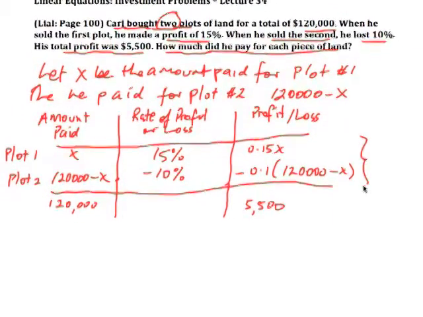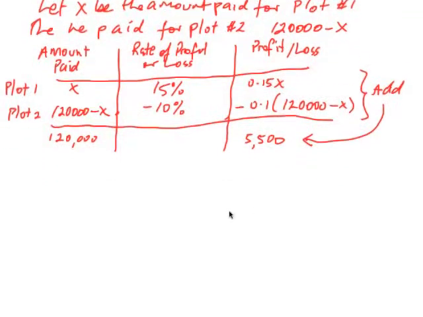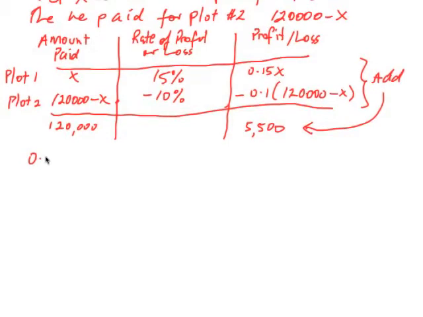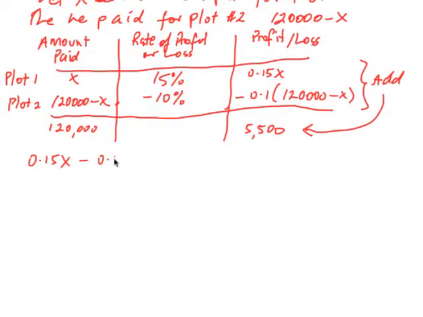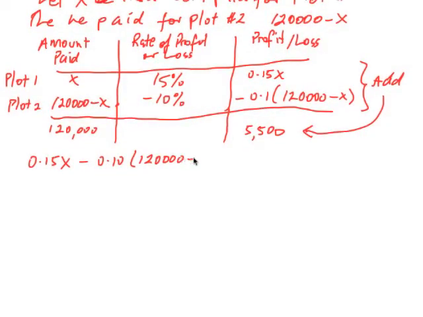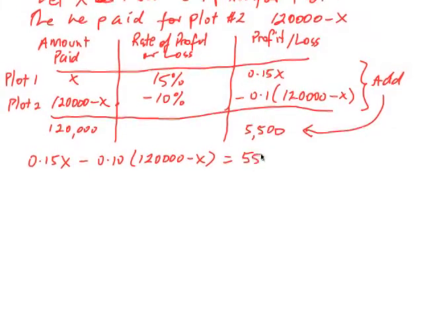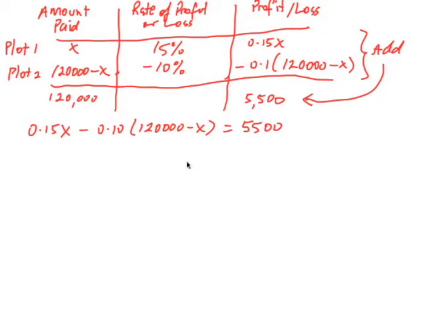When we add these two, they must come up to this value here. So we now form an equation: 0.15x minus 0.10 times 120,000 minus x must be equal to 5,500. So we now have an equation that we can solve.